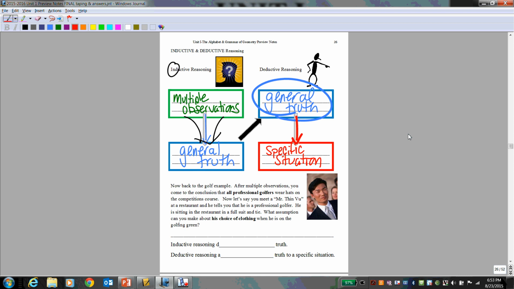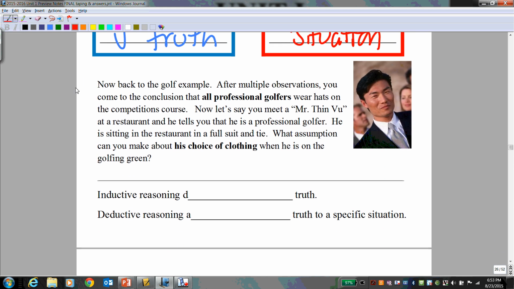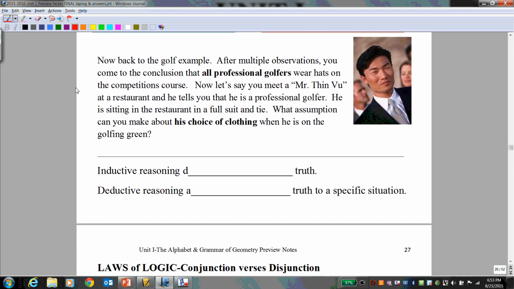Let me give you an example of deductive reasoning. Now go back to the golf example. After multiple observations, you come to the conclusion that all professional golfers wear hats on the competitive course. This would be your general truth.